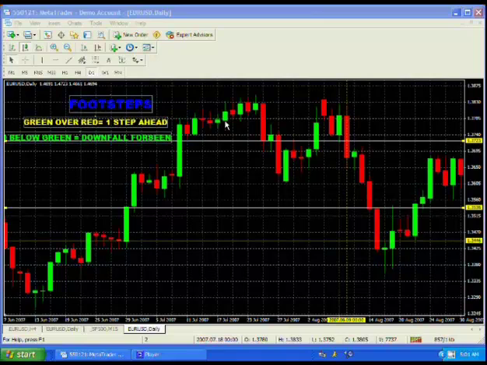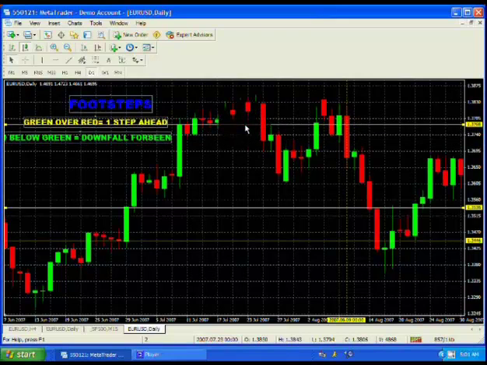So now, when we have our pullback to here, we basically have a pullback to baby. But actually, look at it as if we have a pullback to the real body of this bar, or father.